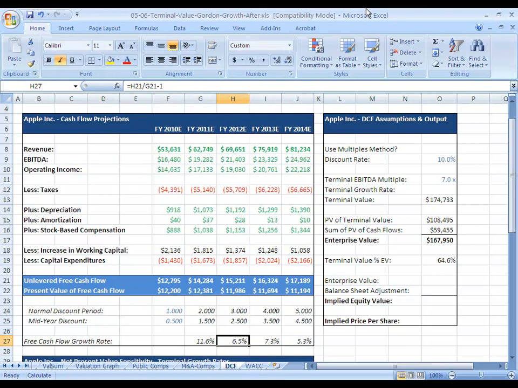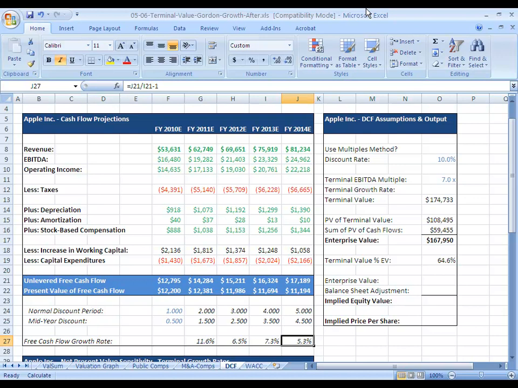So we see here that free cash flows overall are growing by over 10% initially and then slow down to around 5%. So it would be unrealistic to assume anything much greater than 5% here. And in fact, most of the time in a DCF analysis, when you use this method, you generally assume something very conservative for the long-term growth rate of the company.